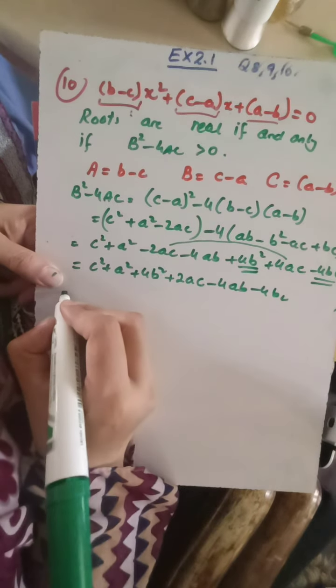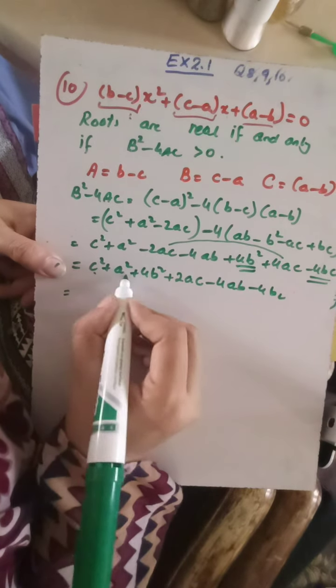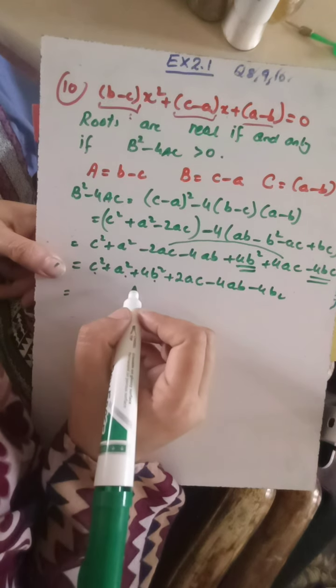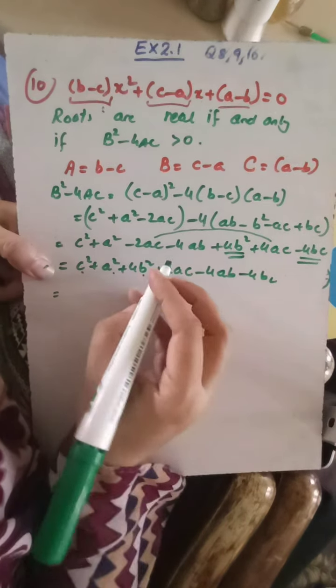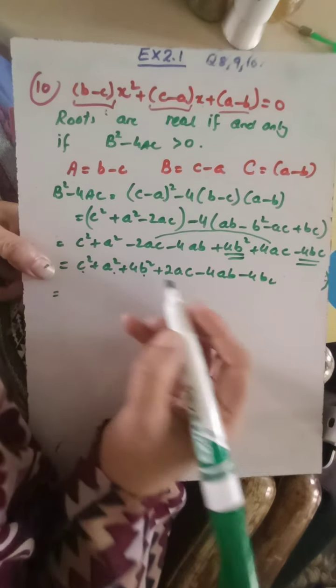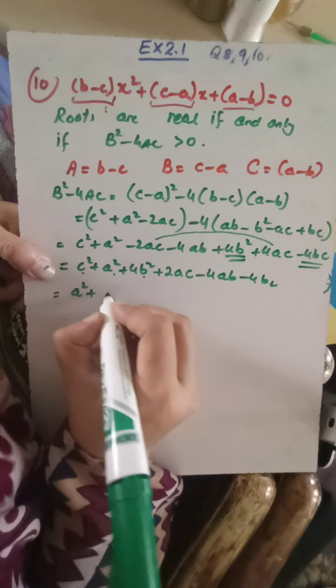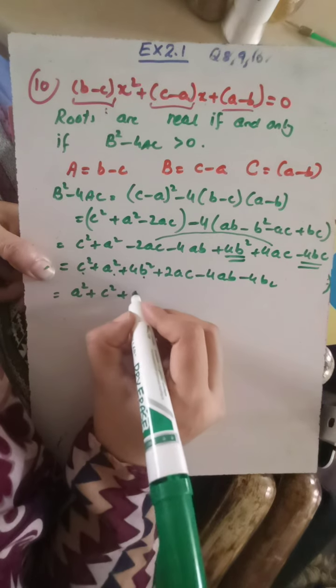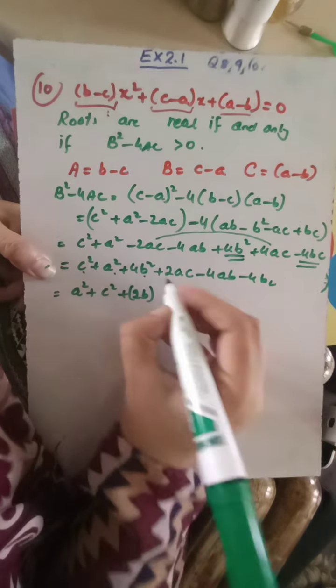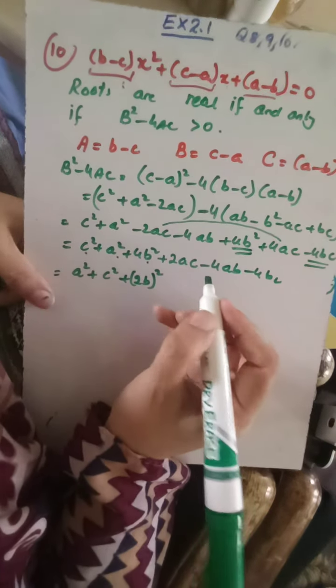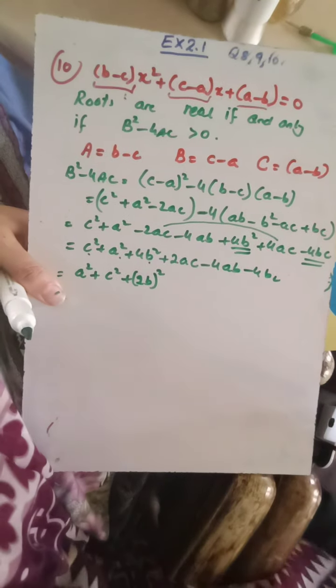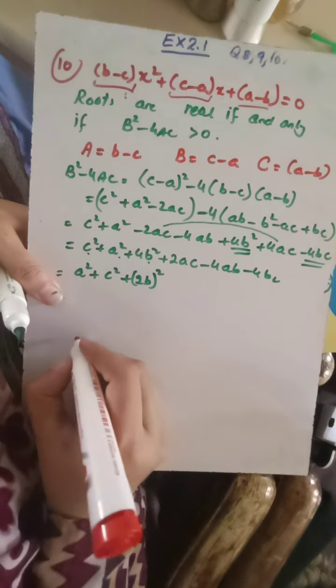Now as it has 3 squares, it may be a formula for (a plus c plus 2b) whole square. Let me write it as a square plus c square plus 4b square. Now let me open the formula.